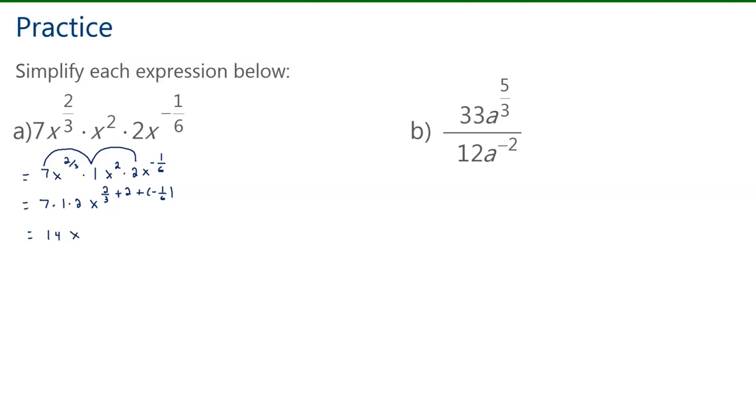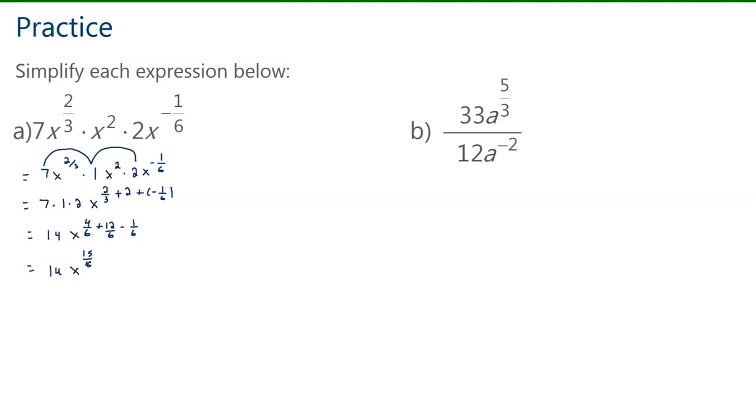Well, let's take a look. 2 over 3 with a common denominator of 6 is 4 over 6. 2 written with a denominator of 6 is 12 over 6. And of course, adding a negative is just subtracting. So subtract 1 over 6. So that will be 14 x to 4 over 6 plus 12 over 6, subtract 1 over 6, is 15 over 6.